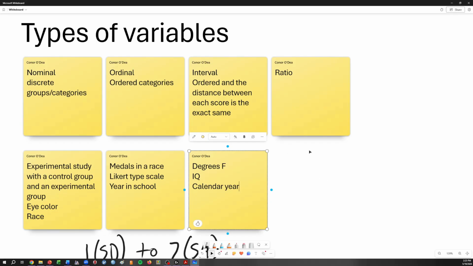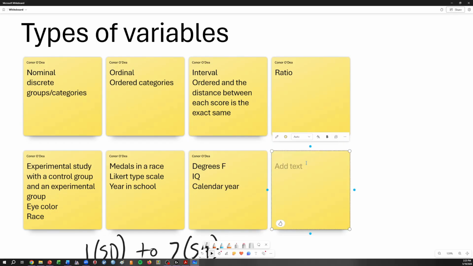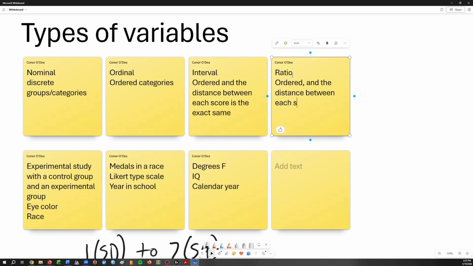Now let's look at some examples then of a ratio unit of measurement. A ratio is the same as interval, meaning that it's ordered, and the distance between each score is the exact same, but there is now a real zero.